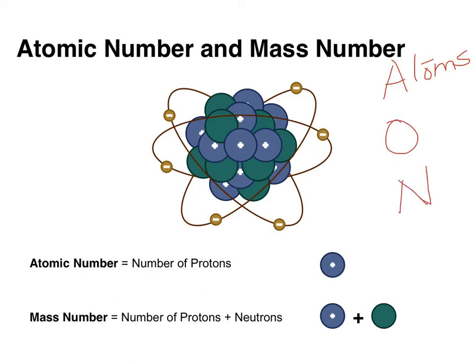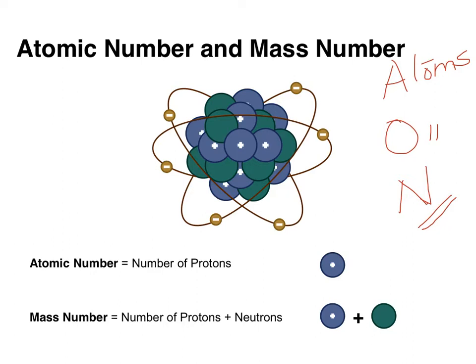So physically, the smallest entity in oxygen is an oxygen atom that retains the identity, and a nitrogen atom is the smallest entity of the nitrogen element. Now, how does a nitrogen atom differ from an oxygen atom?